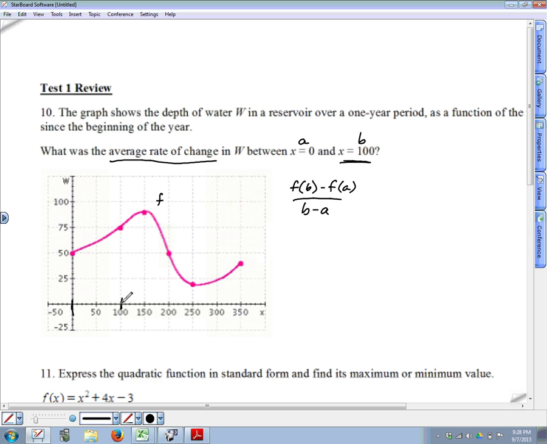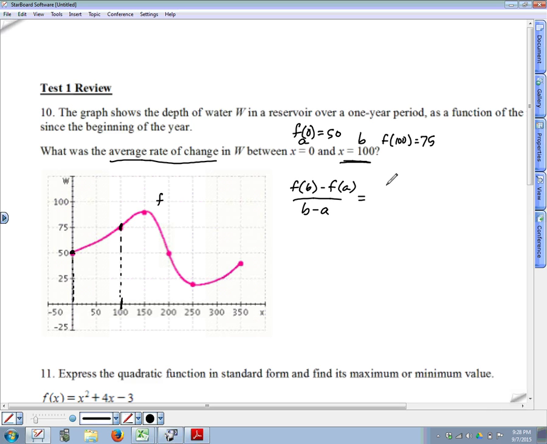If we check where x equals 100, you have a vertical distance of 75. So f of 100 equals 75. Now, f of 0: go to an x value of 0, check the vertical distance there, and it's 50.